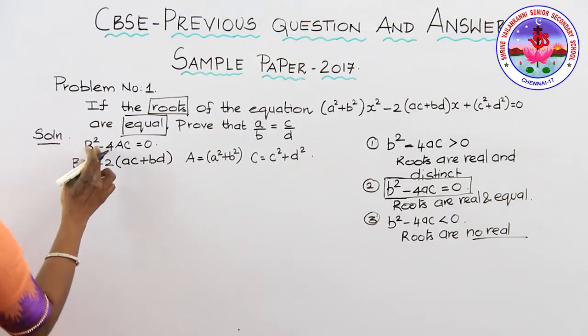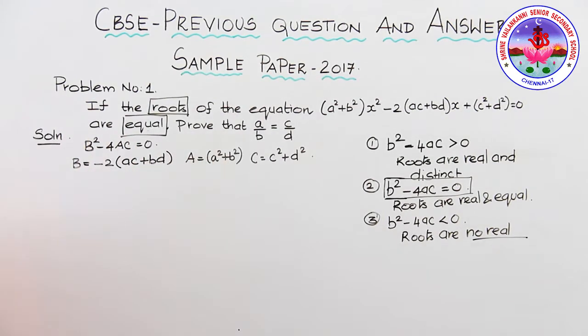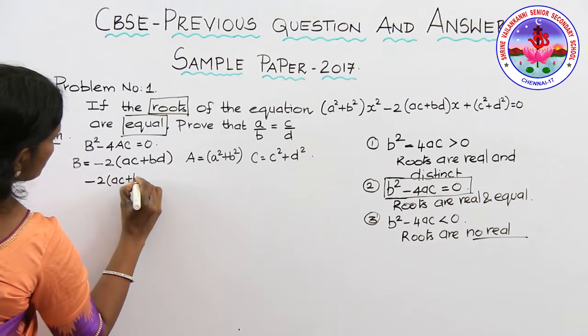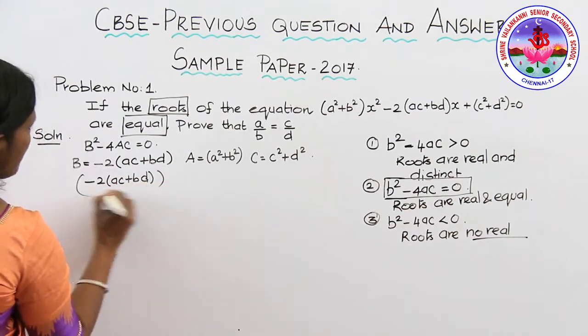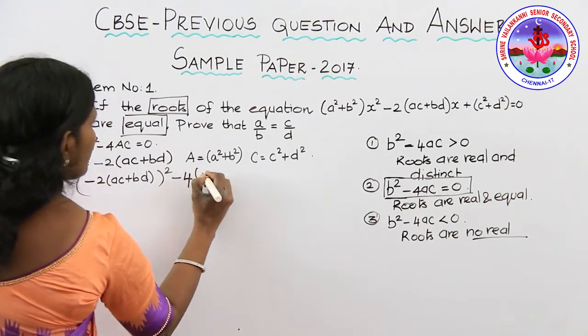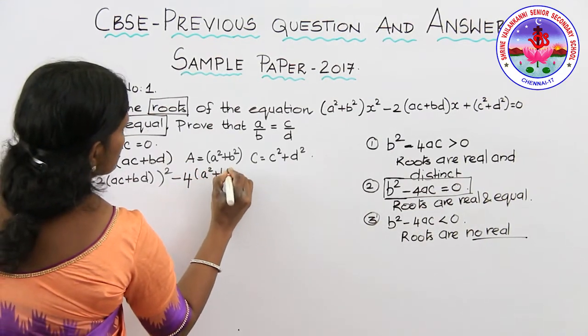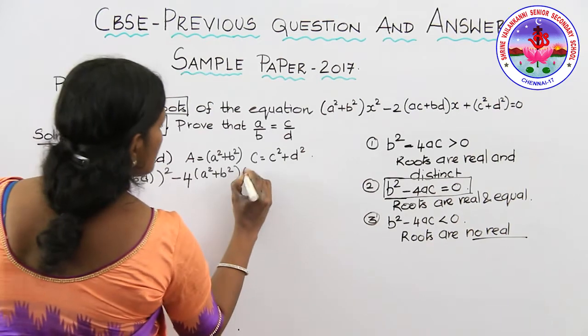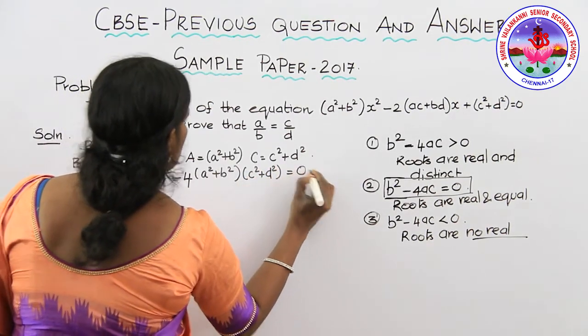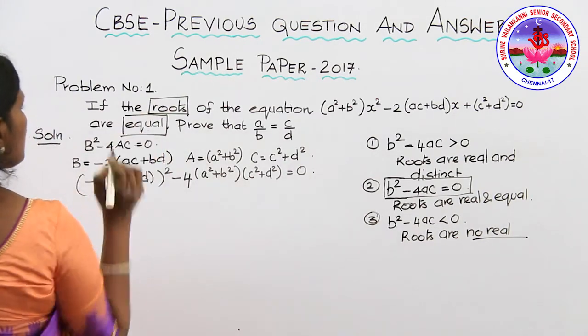I am going to substitute this in the formula: B squared is (2 into (ac plus bd)) the whole squared, minus 4 into (a squared plus b squared) into (c squared plus d squared), and this is equal to 0 since the roots are equal.